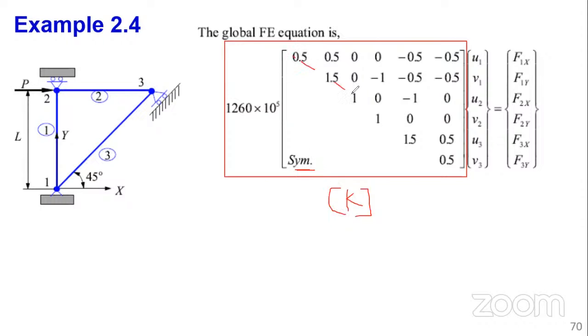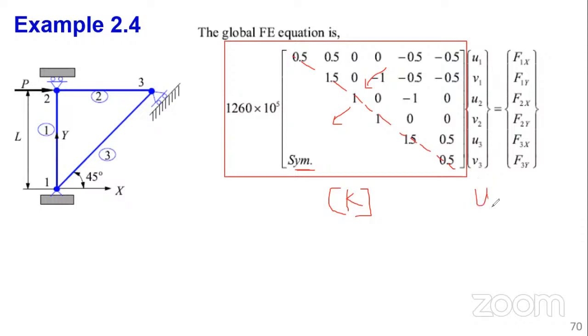So we are saying whatever is on this edge can be mirrored along the main diagonal to get here. And this is typical of all stiffness matrices. If you have observed all the stiffness matrices that we have determined, that's one feature or characteristic of stiffness matrix. It's symmetrical. Okay.